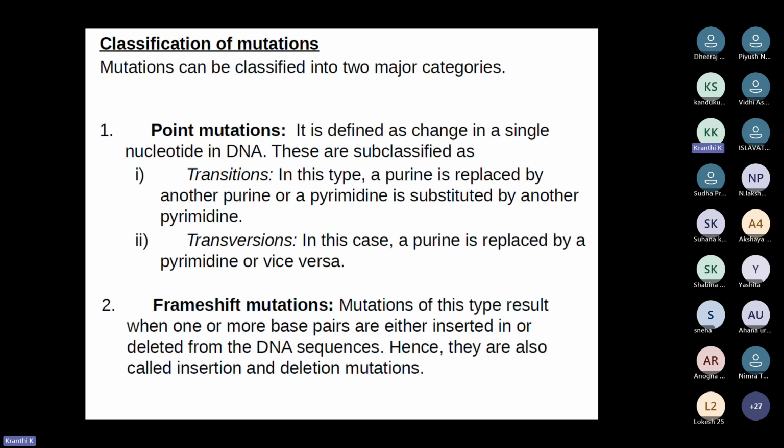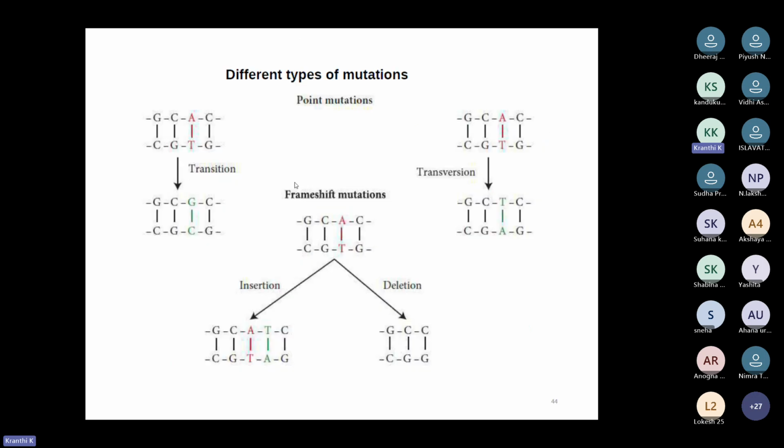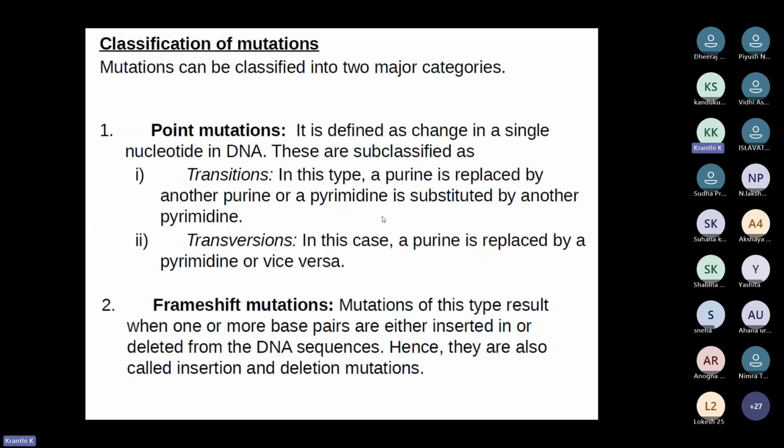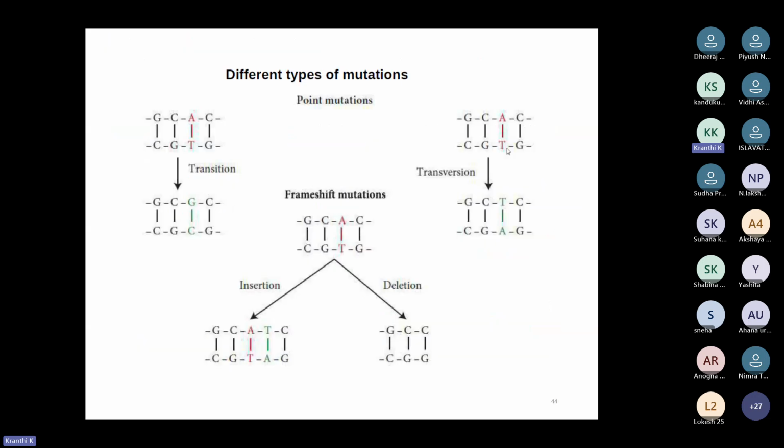Then coming to the frame shift mutation, addition or deletion. In transition, in the place of a purine, another purine came. In transversion, in the place of a purine, a pyrimidine came, and in the place of a pyrimidine, a purine came. Frame shift means either addition or deletion.